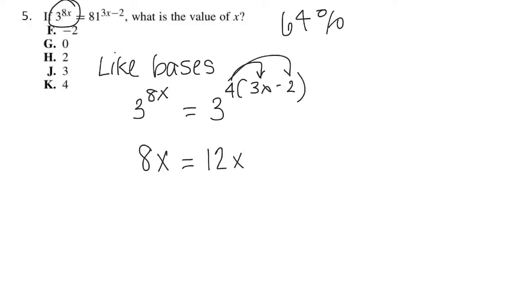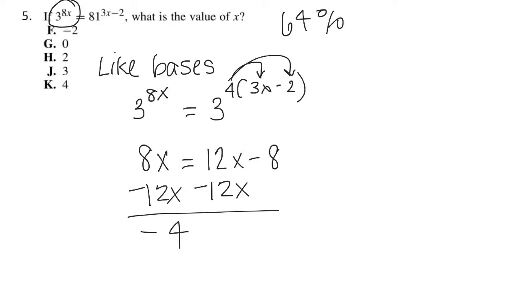And then 4 times negative 2, so minus 8. And then solving this equation, I'm going to subtract 12x from both sides. And so I have negative 4x equals negative 8. So it looks like x is going to have to be positive 2. So my answer choice here is H.